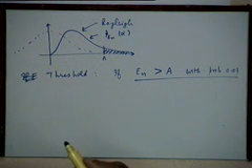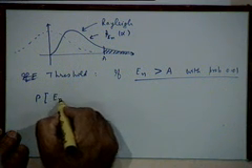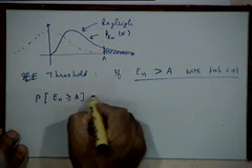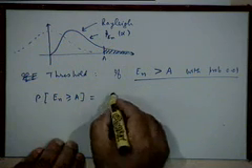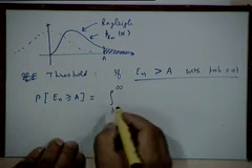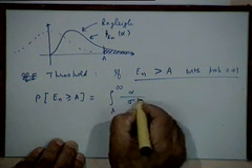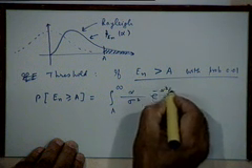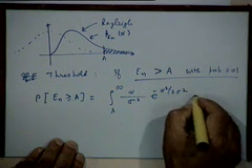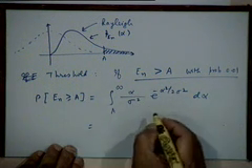So, the probability that E_n is greater than or equal to A will be this area, given by the integral from A to infinity of the Rayleigh density function, alpha by sigma square e to the power minus alpha square by 2 sigma square d alpha, right. This is a very simple integral to evaluate.